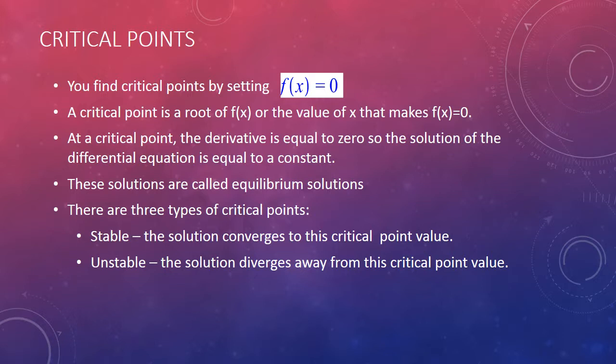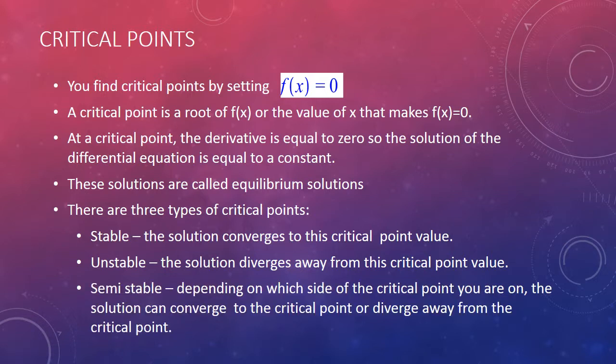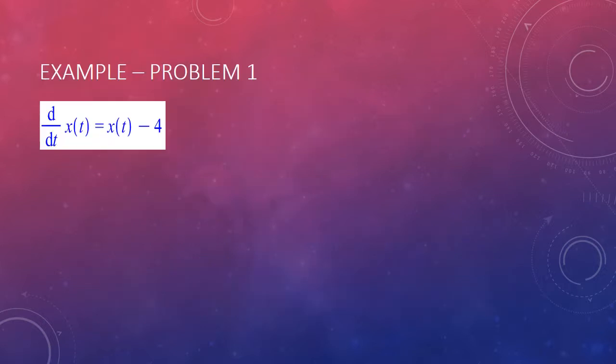There are unstable solutions. On either side of this critical point, the solution diverges away from that value. Or they're called semi-stable. You can come in from the left and it'll converge to that critical point, but on the right-hand side it diverges away. Or you can come in on the right, it could converge on the critical point, but on the left-hand side it diverges away.